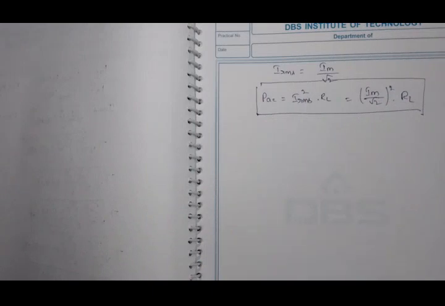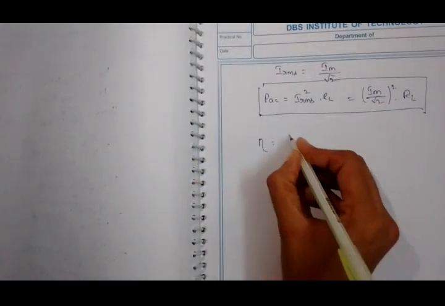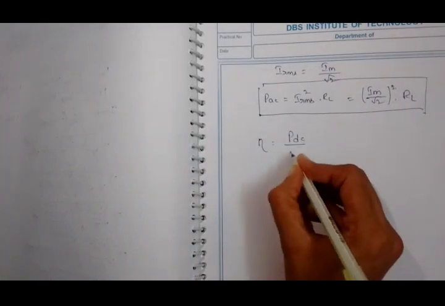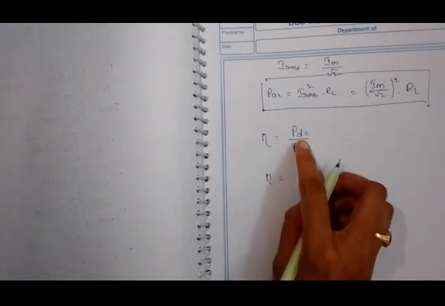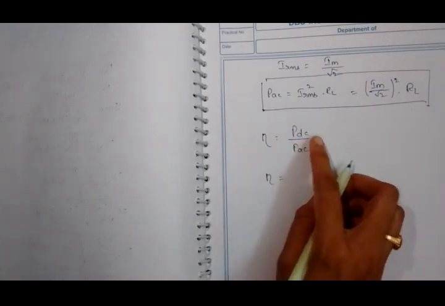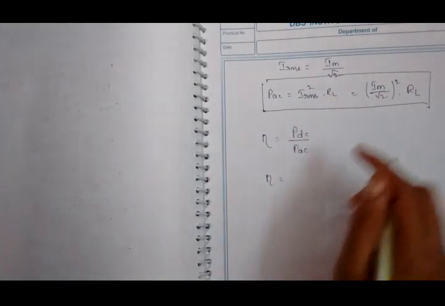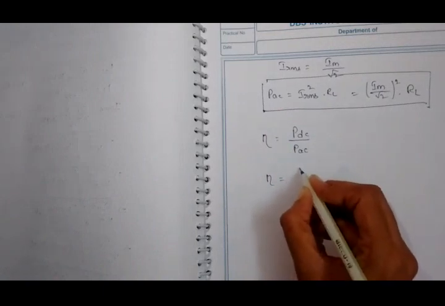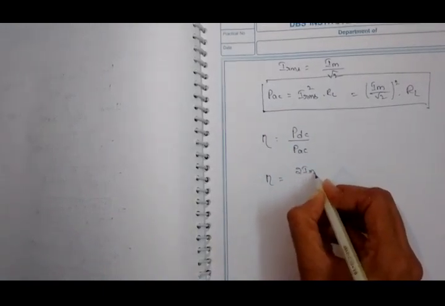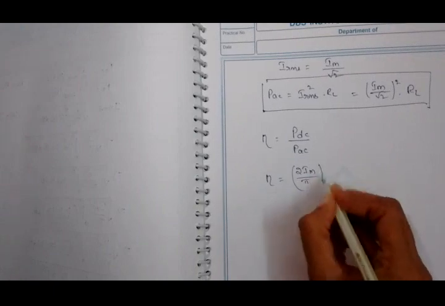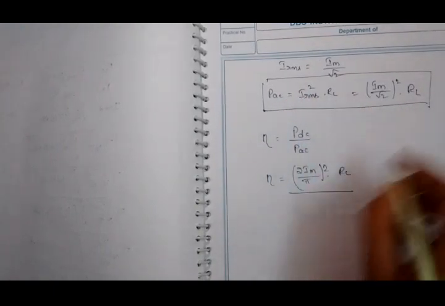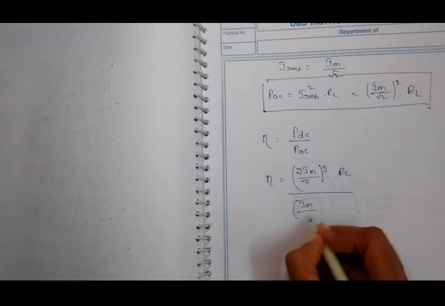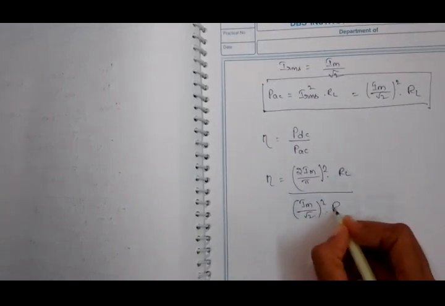Now we will calculate the efficiency. Efficiency is equal to PDC by PAC. We already calculated the PDC value and PAC value, so just substitute those two values here. 2Im by pi whole square into RL, by PAC, which is this value, Im by root 2 whole square into RL.